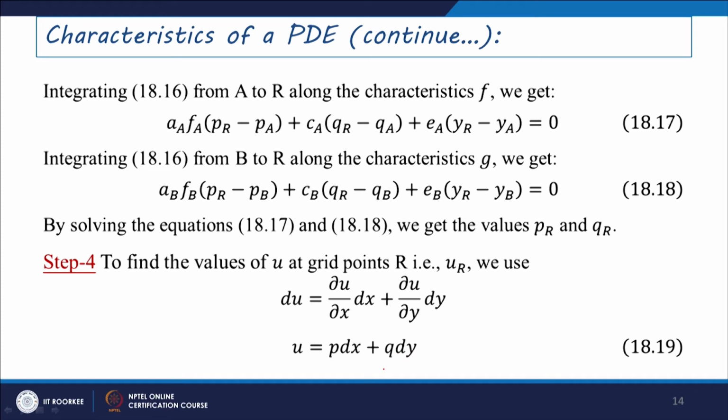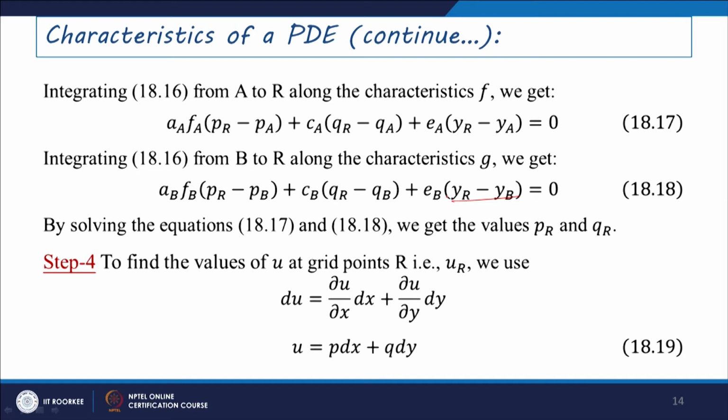And similarly, if we integrate equation 18.16 from B to R along the characteristic curve G, we get fb into pr minus pb plus cb into qr minus qb plus eb into yr minus yb. The same way, only the point has changed. So by solving these two equations, 18.17 and 18.18, we get the values of pr and qr.